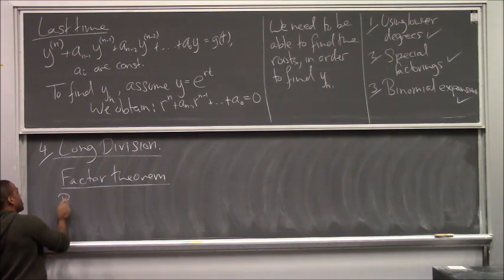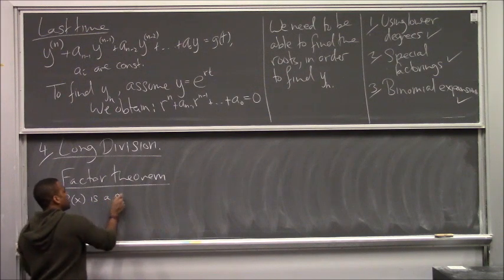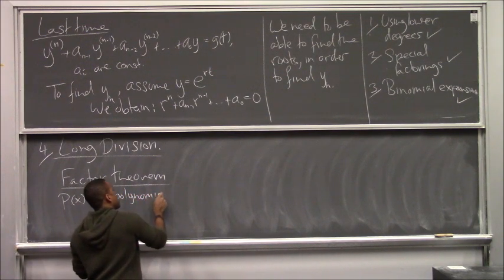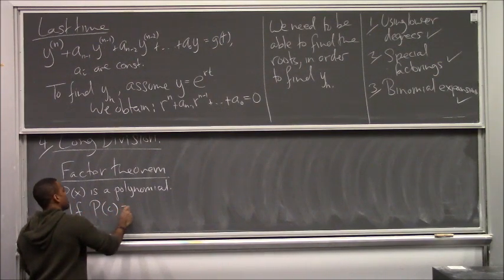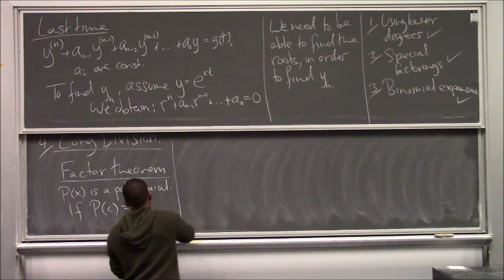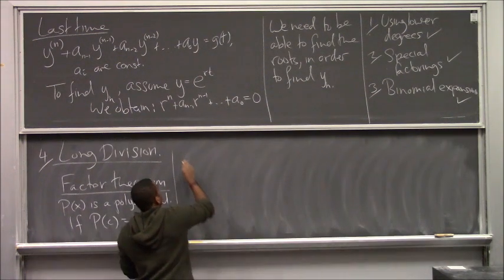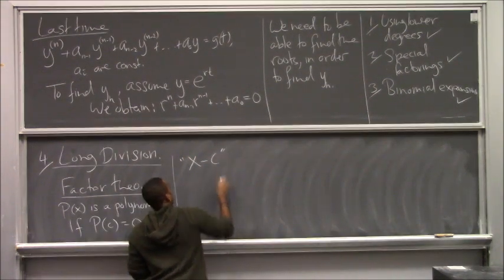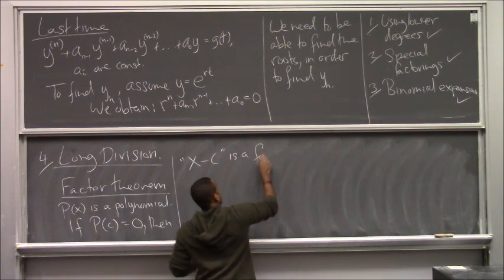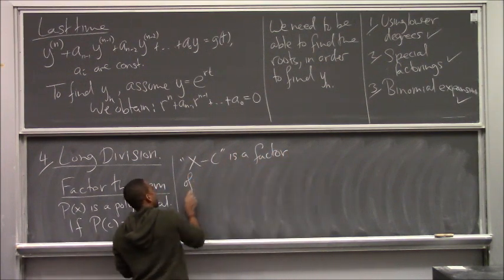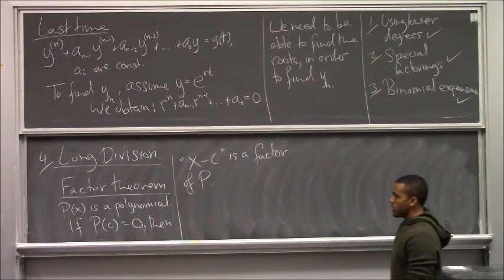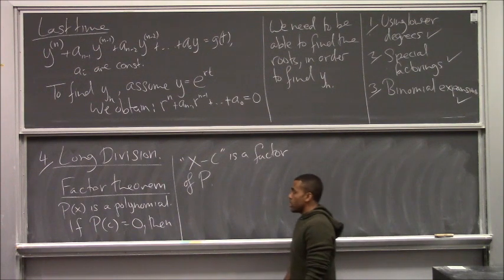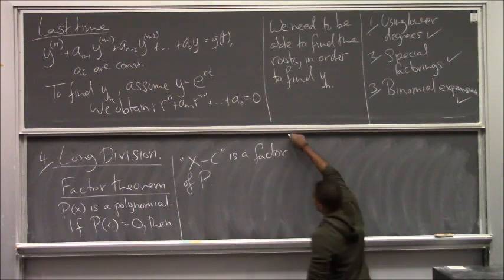This basically says if p of x is a polynomial and p of c equals 0, then the expression x minus c is a factor of p. As long as we can find numbers that when we plug into our polynomial the result is 0, turns out we can actually factor out an expression x minus c every such time.